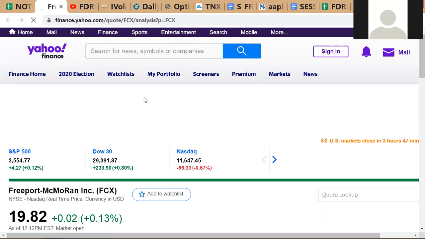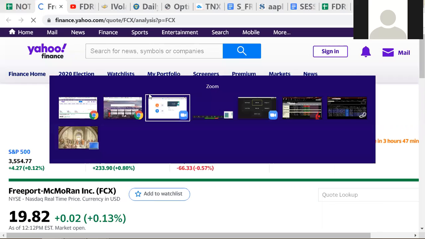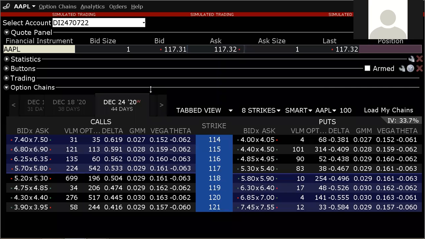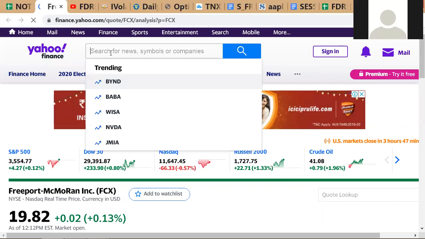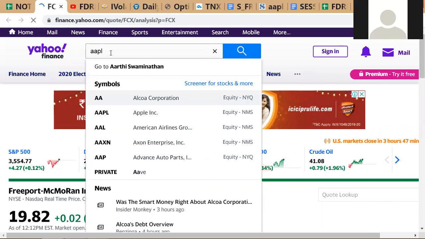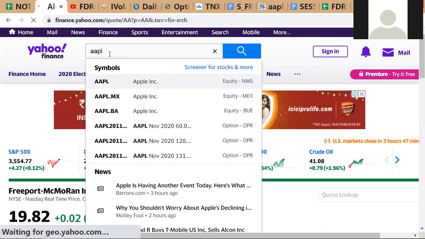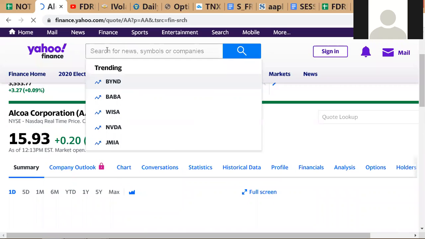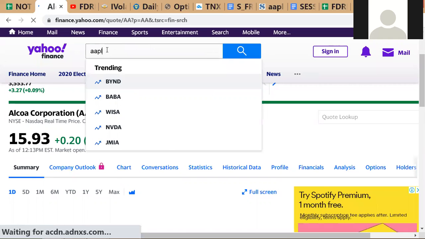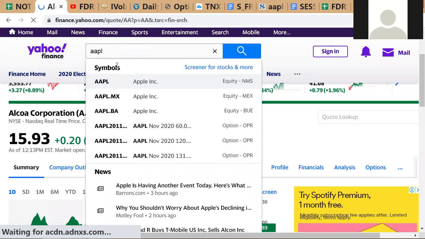What chart are we looking at? Apple we were looking at, right? We were looking at Apple option prices. So let me just enter Apple. No, this has gone to Alcoa actually, because Alcoa is AA. Okay, let me click on Apple.